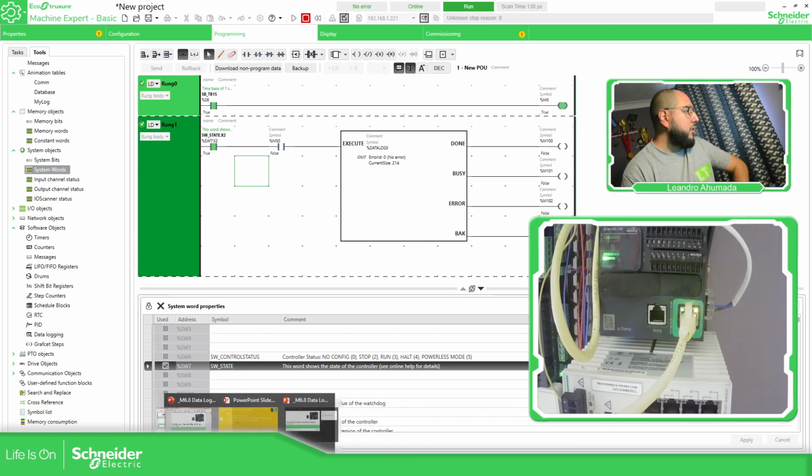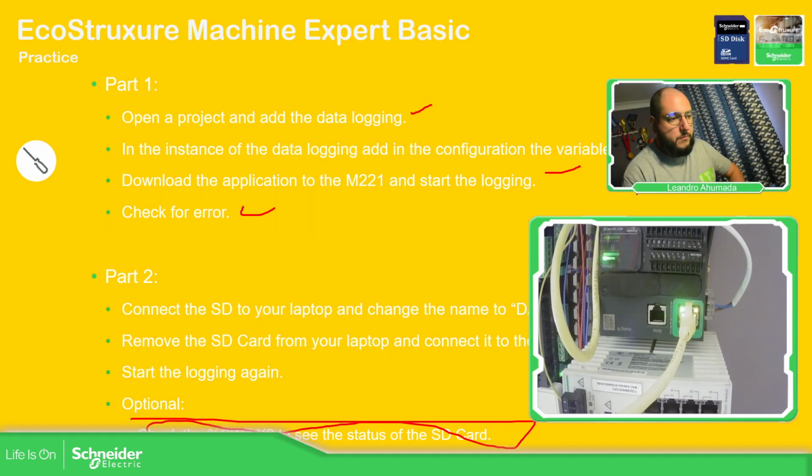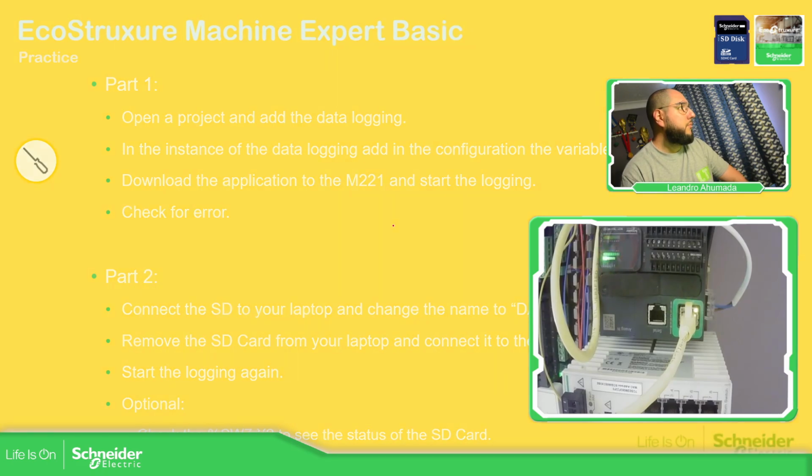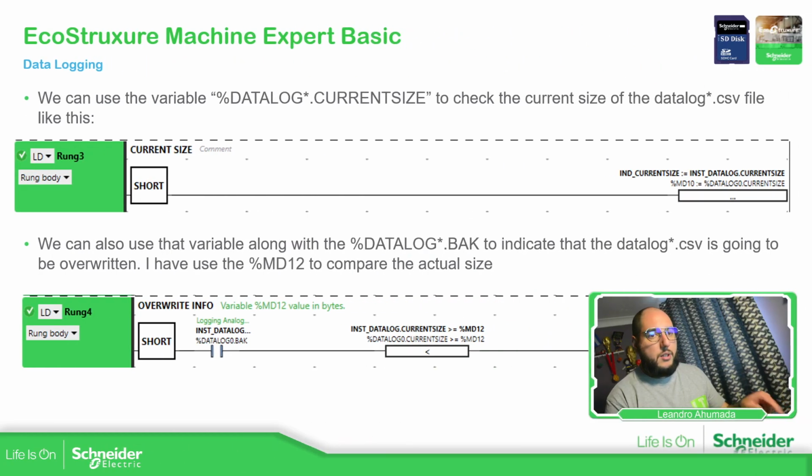Okay, so let's continue to the presentation. Okay, so I forgot something. This is the option, so you trigger when you have the things. Now, this is the variable that you can use just to check, it's not shown over there, that you have, for example, the current size.